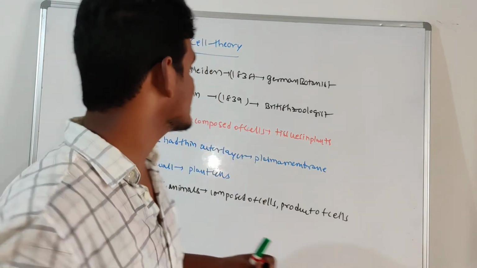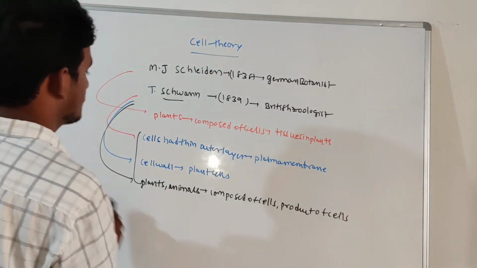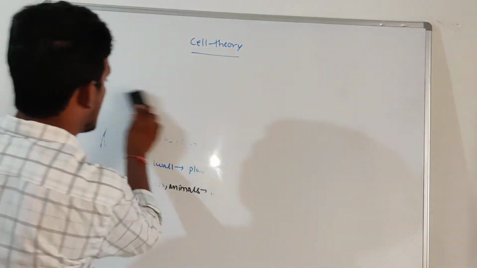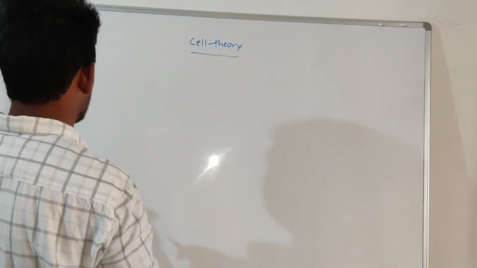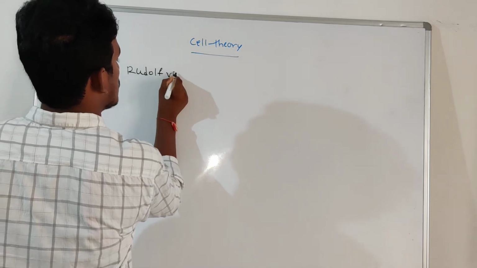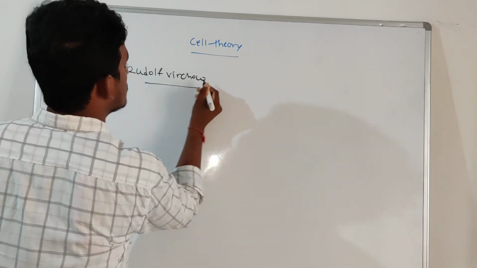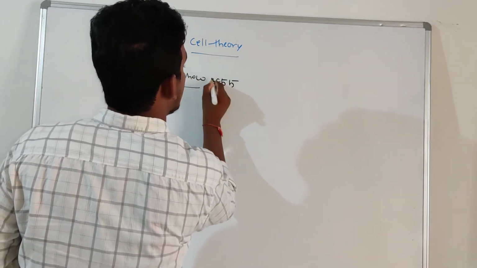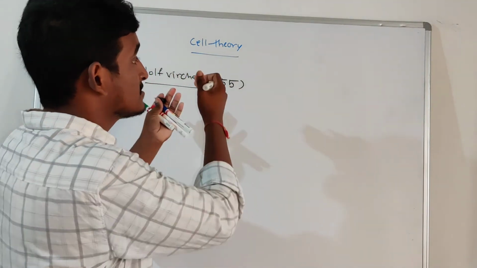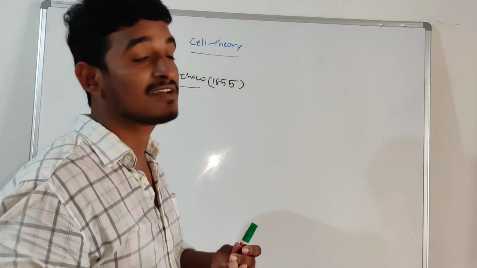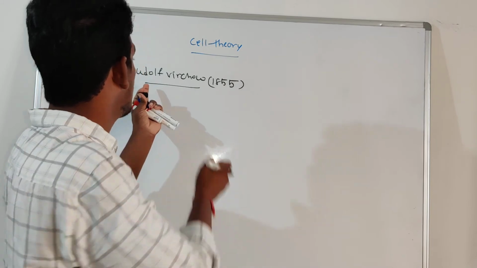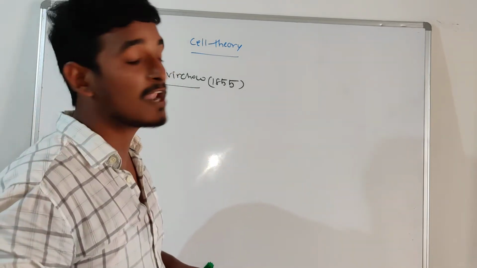So later another scientist, Rudolf Virchow, in 1855. Up to now these two scientists had not given information about how cells originated. Later the final shape of cell theory was given by Rudolf Virchow.